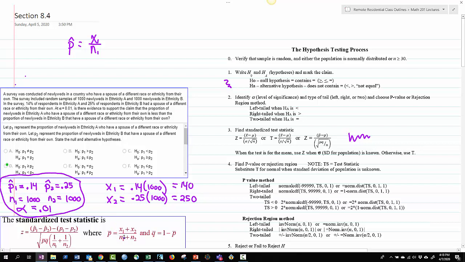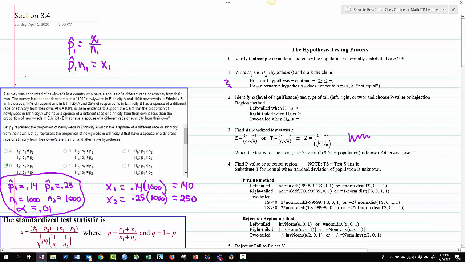Even if we do it in Excel, either way, we're going to need the x's to do the test statistic. If you solve this for x, multiply both sides by n1, you get x1 equals p1-hat times n1, and for x2, it'd be p2-hat times n2. So here I got x1: 0.14 times 1,000 is 140. x2: 0.25 times 1,000 is 250.